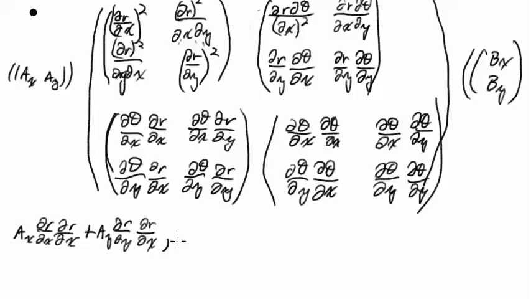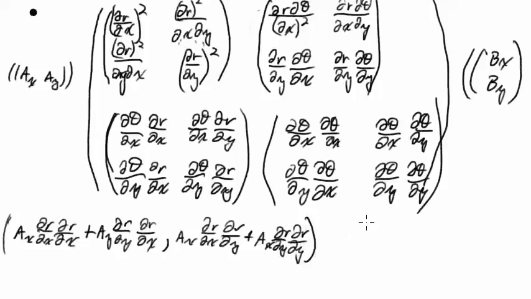And it'll be a comma. I don't usually write the commas, but because there's shorter space, I'll use a comma instead of a wider space. Times a sub x ∂r/∂x ∂r/∂y plus a sub y ∂r/∂y ∂r/∂y.